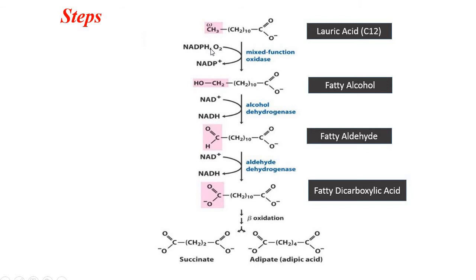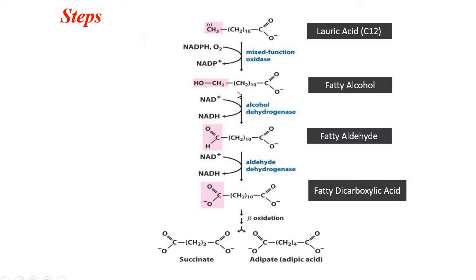The oxygen for this group comes from the molecular oxygen in a complex reaction that involves cytochrome P450 and the electron donor NADPH. Reactions of this type are catalyzed by the mixed function oxidase. In this step, the lauric acid is changed into a fatty alcohol, or any fatty acid will change into a fatty alcohol.